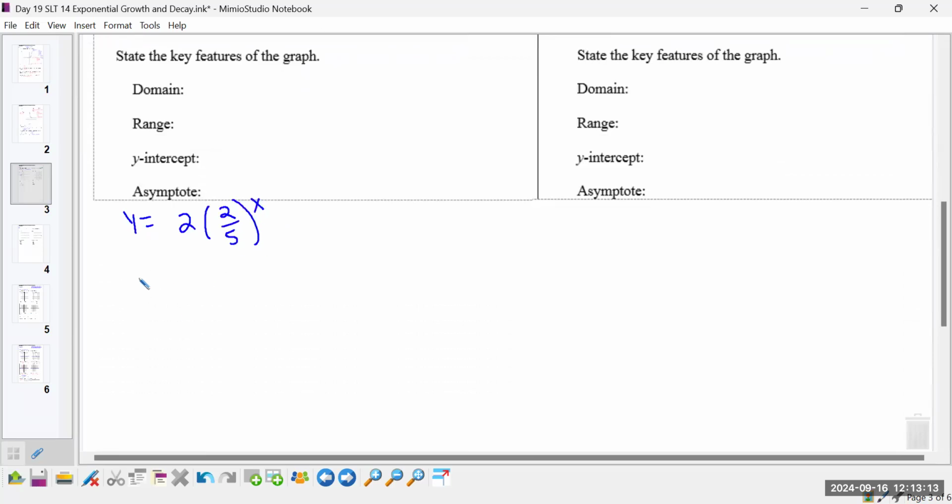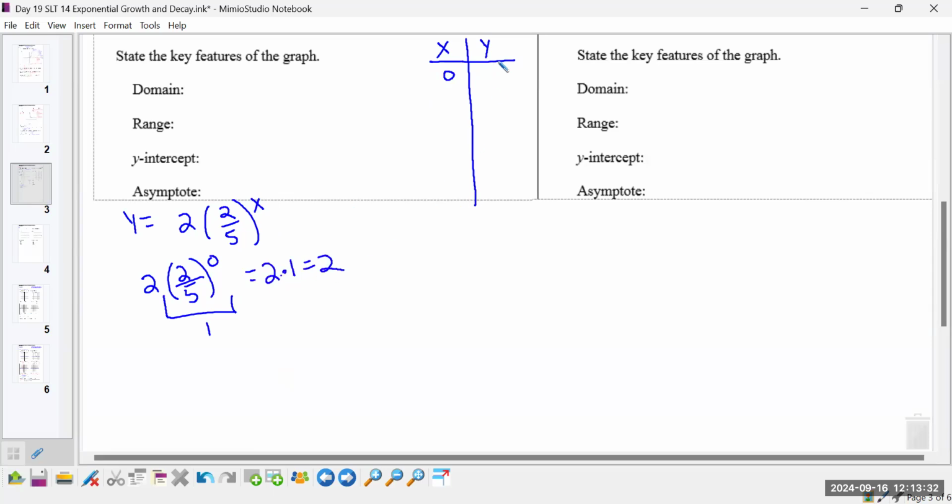Here we go. If we sub in 0, put the table right here so I can see it later. We sub in 0, so that's 2 times 2/5 to the 0. Well, 2/5 to the 0 is just 1. 2 times 1 is 2. Not surprising, that's our initial value.